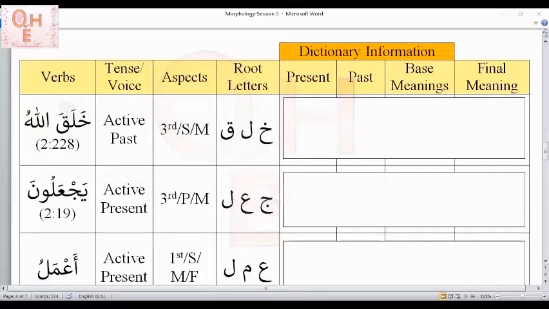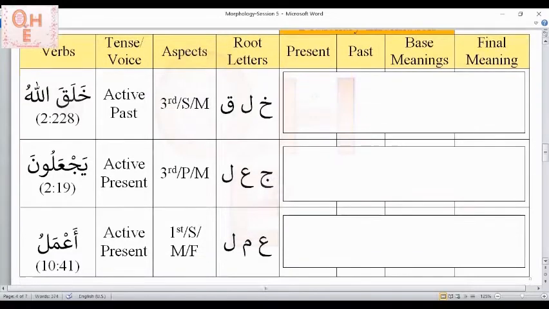Okay. Our next word is A'malu. Okay. Over here, what does it look like? Definitely it does not look like past tense, right? We did not see a word like that in past tense. But we see a prefix, right? Hamzah. Remember, for the present tense, what were the prefixes we saw? Ya, ta, Hamzah, nun.